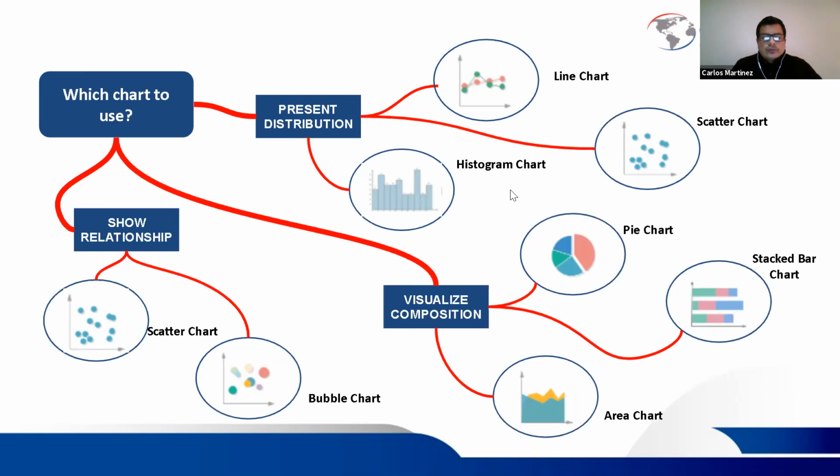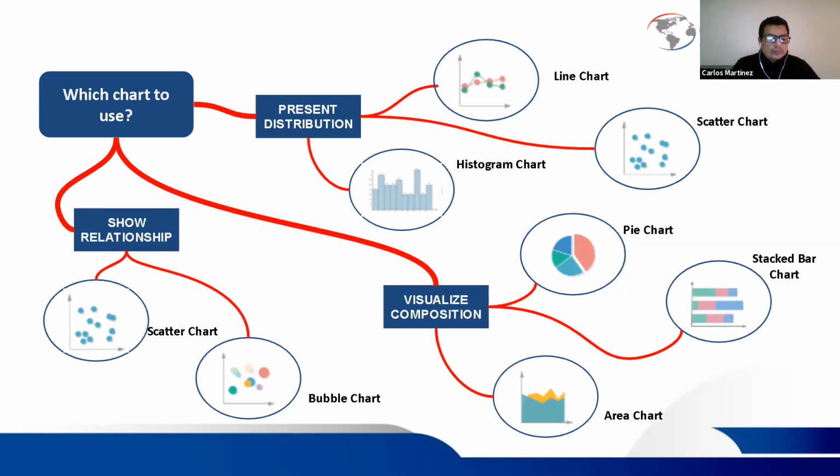When you want to, for example, use a chart to present distribution, you're going to use line charts, you're going to use scatter charts, and you're also going to use histogram charts, okay? Histogram charts are similar to bar charts with some certain differences. And then we also have, to visualize composition, three different ones, right?